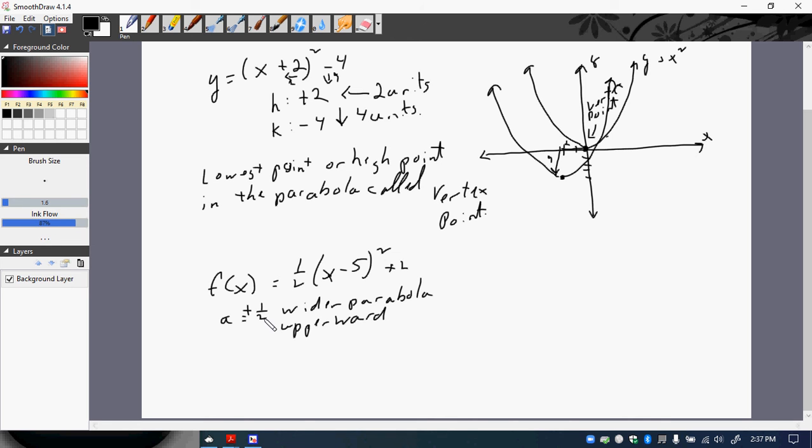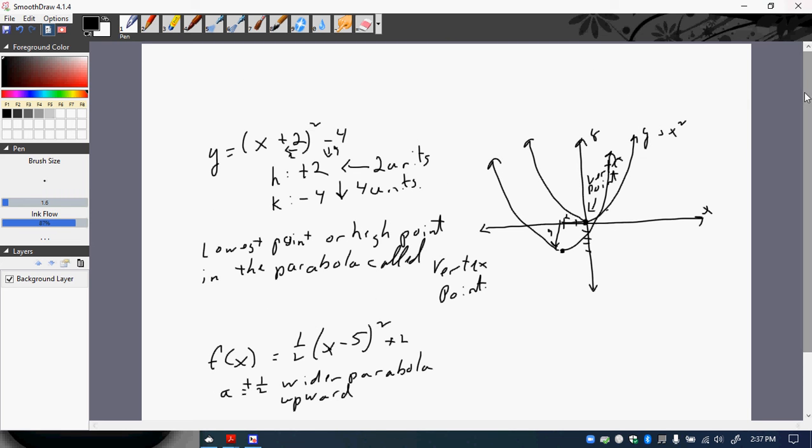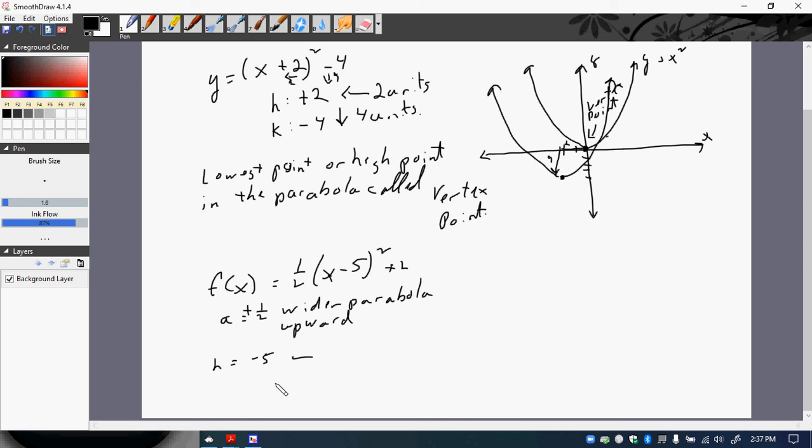And then the h is minus 5, so it's going to the right 5 units, and the k is plus 2, so it's going up 2 units.